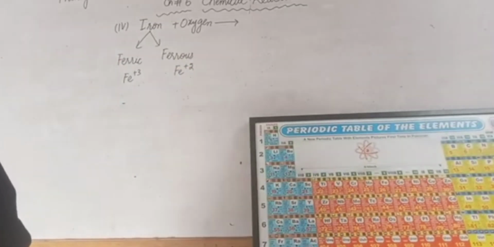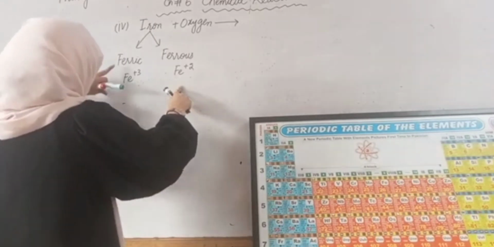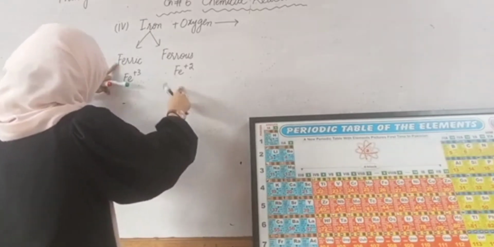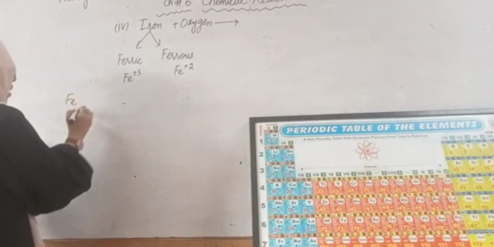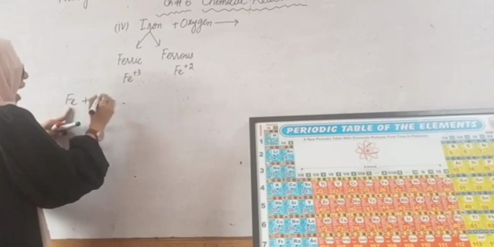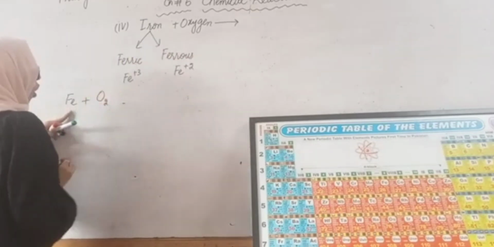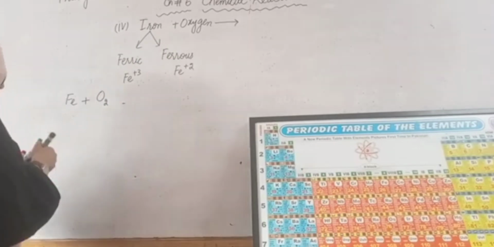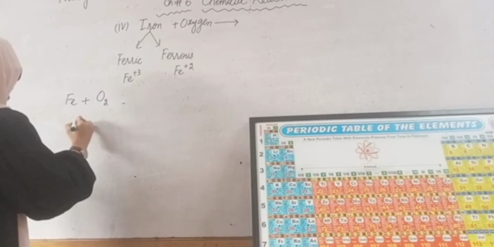We will do the chemical reaction with these two states. First we will carry it out with ferric, and oxygen is in the form O2. So we will do the chemical reaction with the help of charges.